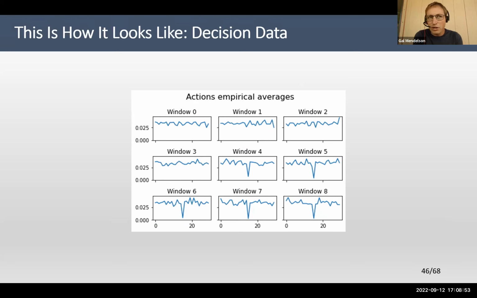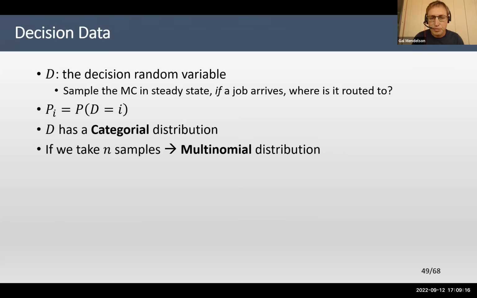We can even think about by how much it slowed down by looking at the difference between the action frequency, which is what's displayed on each graph, of the other servers compared to this server, because it's substantially decreased. Okay, so this gives us a very good intuition that decision data is very powerful.